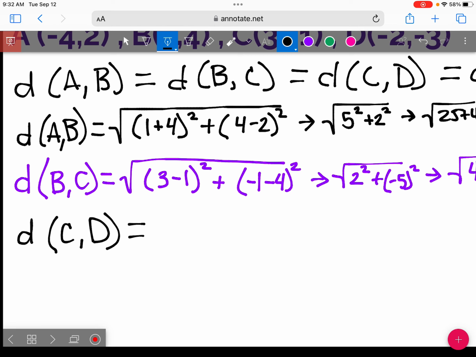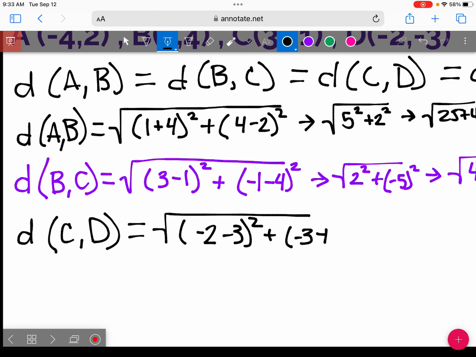CD, square root of negative 2 minus 3 squared plus negative 3 minus 1 squared.